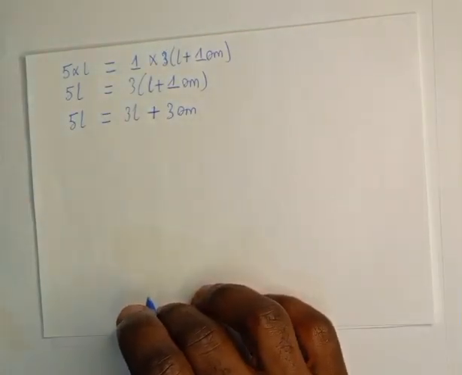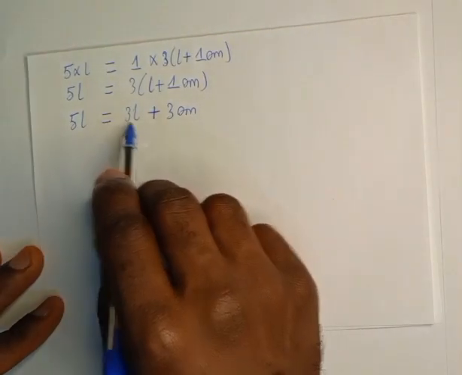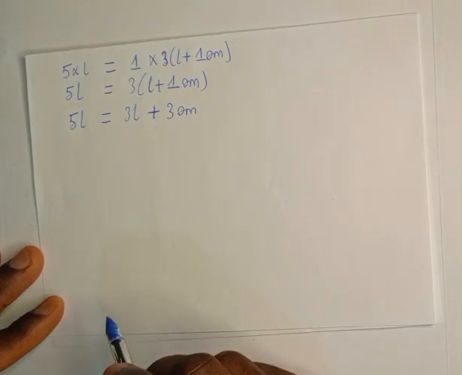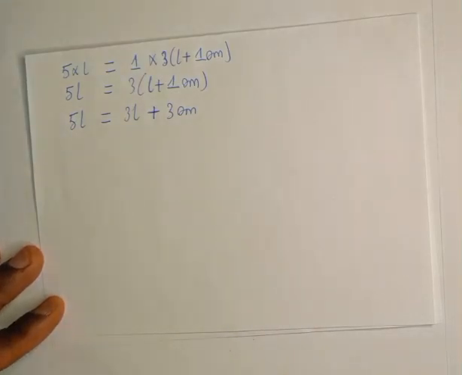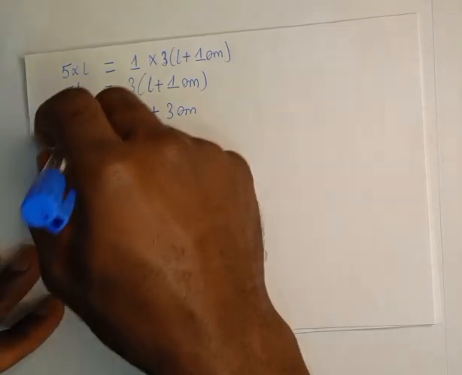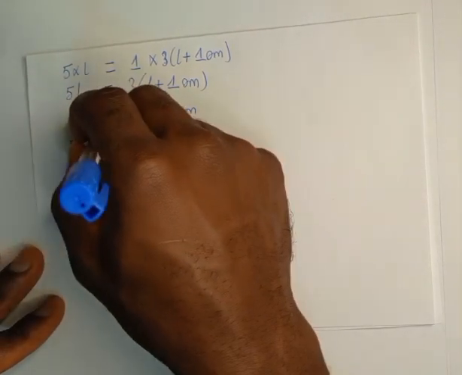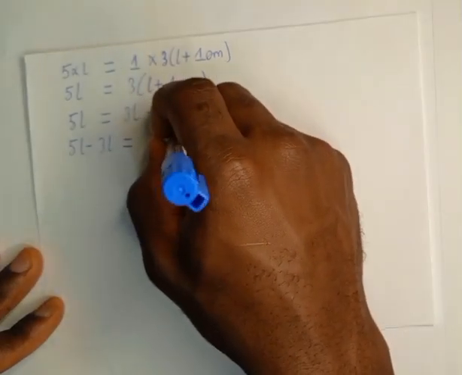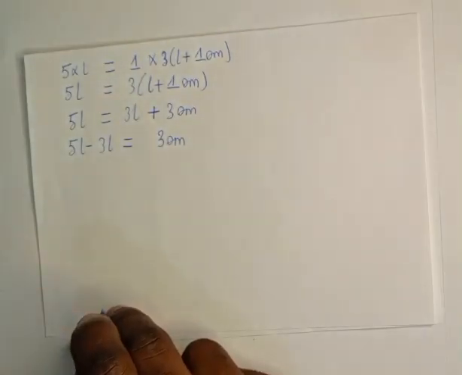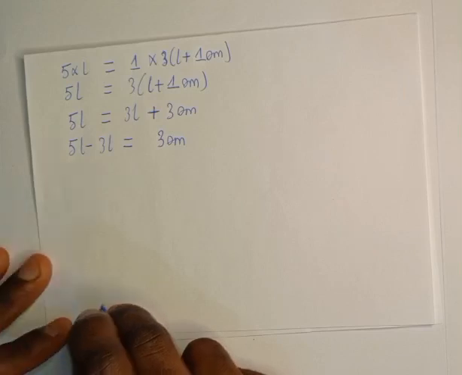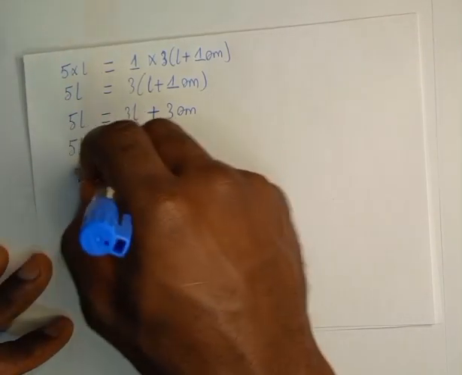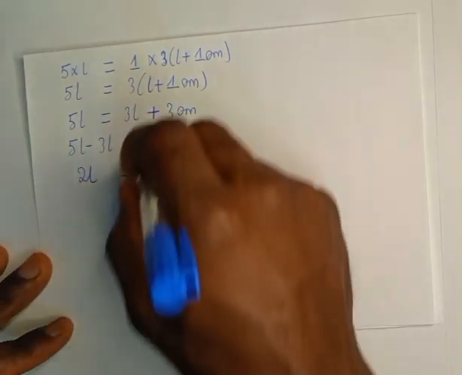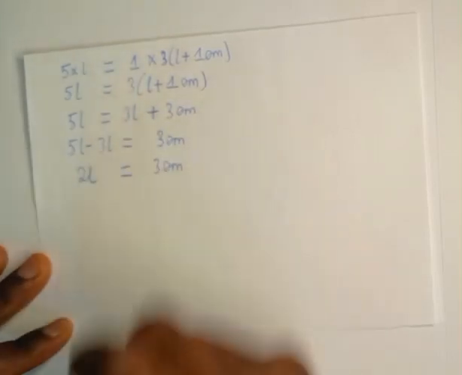The next step, we are going to transfer 3L to the left hand side to meet 5L. Bring the like terms together. When 3L crosses the equality sign, it becomes negative. This will give us 5L minus 3L is equal to 30 meters. 5L minus 3L gives us 2L is equal to 30 meters.